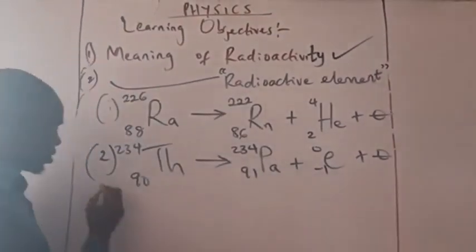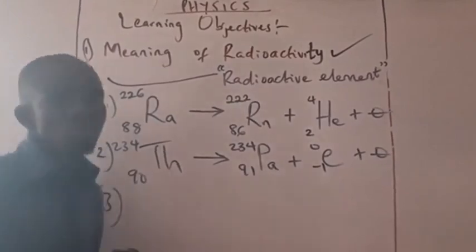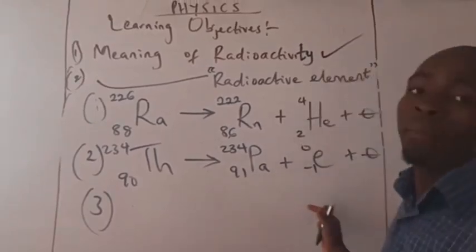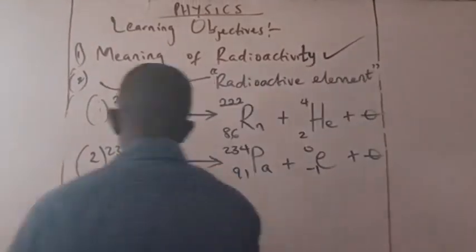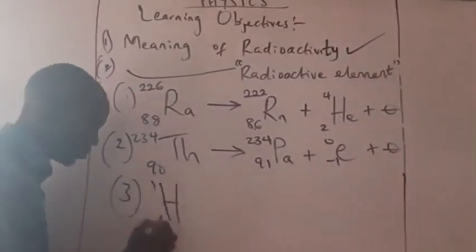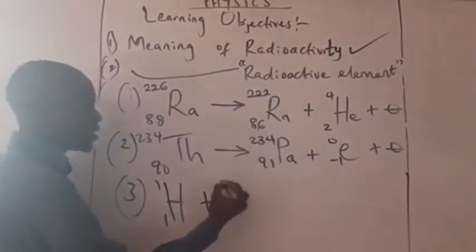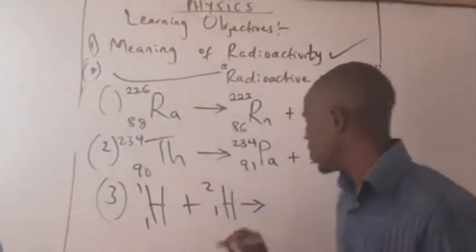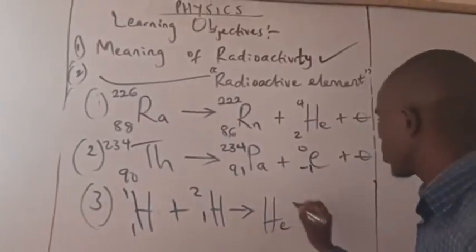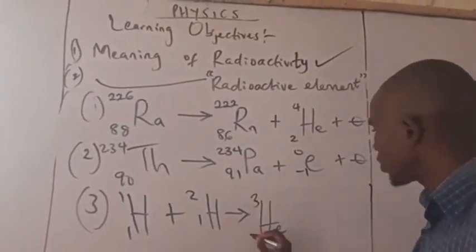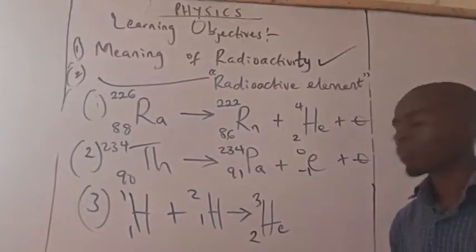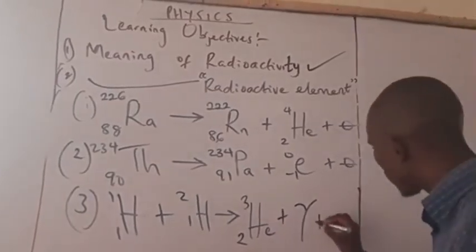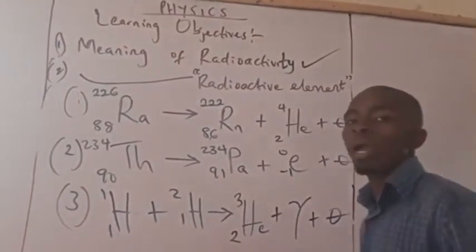And let us see the third equation, which indicates gamma being emitted. We have a proton plus deuterium to give us helium with mass number 3 and atomic number 2, plus gamma that is emitted, plus theta, which serves as our energy produced.